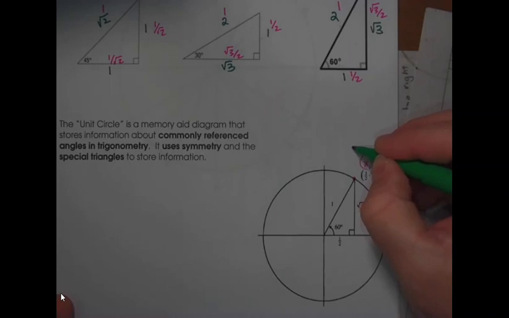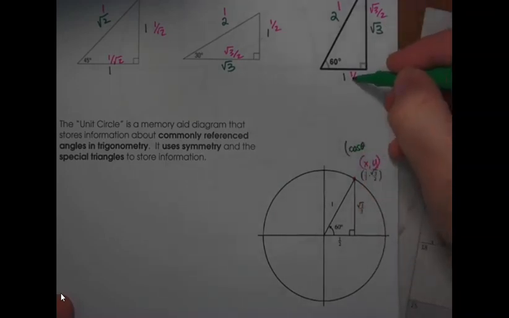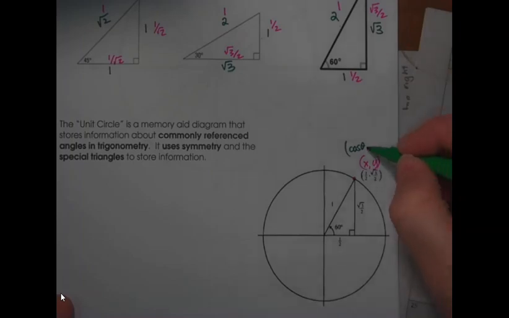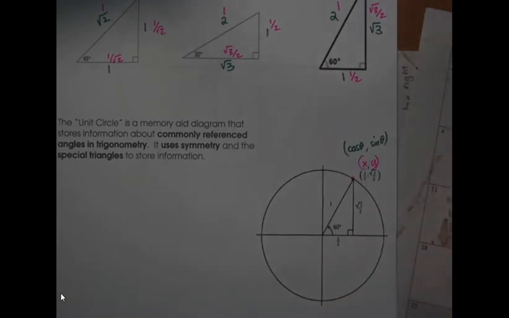And our x coordinate is going to represent cos theta, which you can see here is 1/2, and y represents sine theta. That's a neat way of storing that in our unit circle.